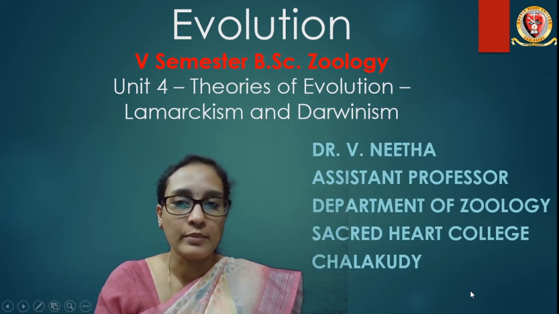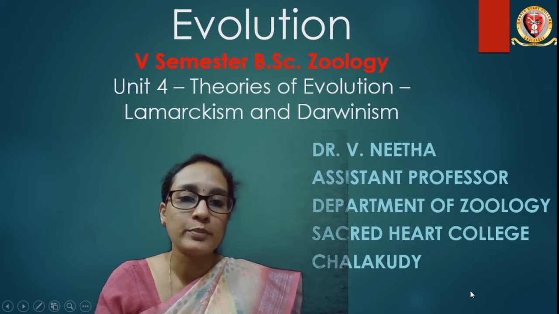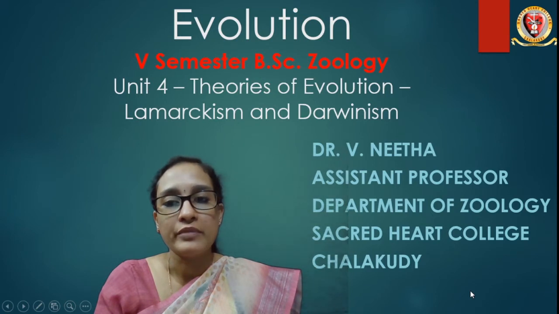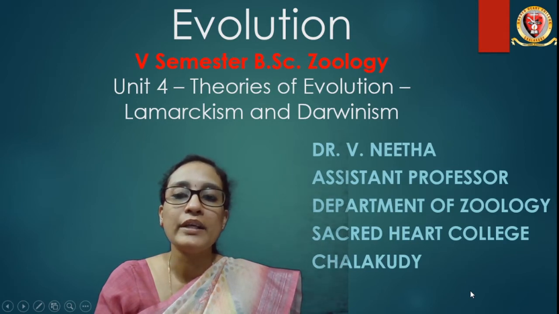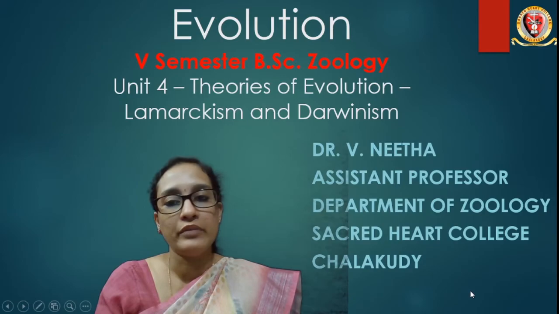who criticized Lamarck. And there were neo-Lamarckists who tried to explain Lamarck's postulates. Then we move on to Darwin's theory and his postulates, examples under Darwin's theory. Then we look at criticism against Darwin and neo-Darwinism.